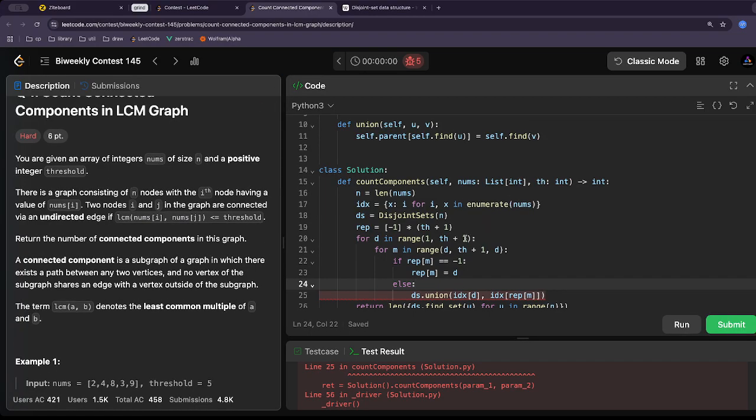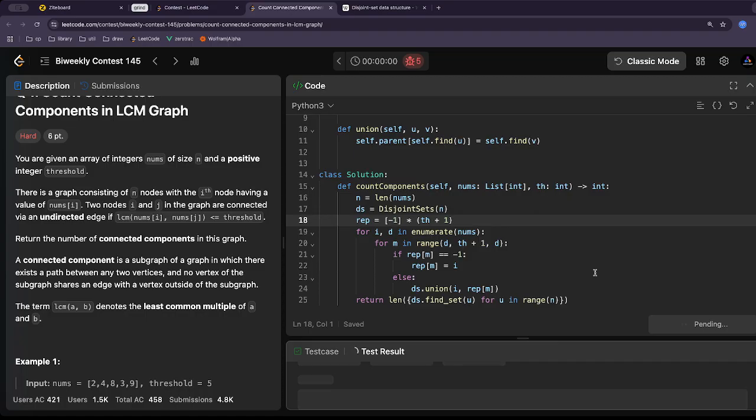Because here, I don't want to go over all the divisors. I want the divisors that are the numbers in here, right? Yes, of course. So here I can use this index directly. I don't have to use enumerate. And here I can just save it as the representative. I can say the index, and so here I can use this. And so I don't need this, actually.